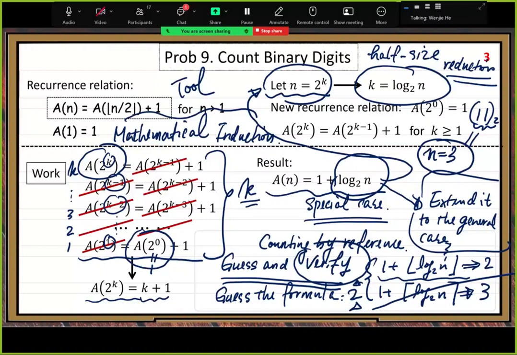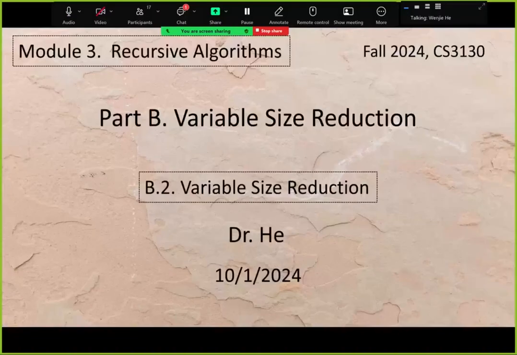The next example is also problem size reduction, but the size reduction can change every time. Sometimes larger, sometimes smaller. So the general form, B.2, is variable size reduction, sometimes more, sometimes less.